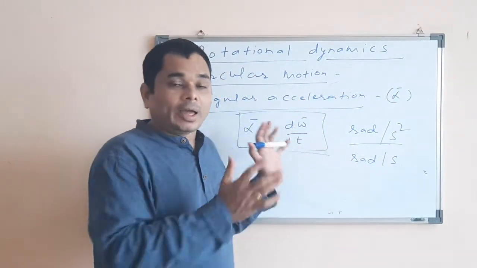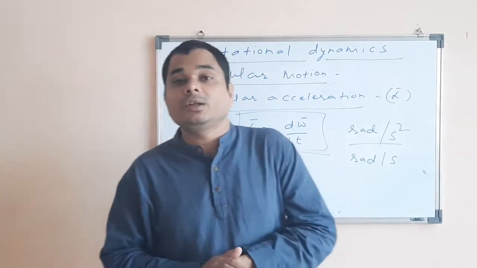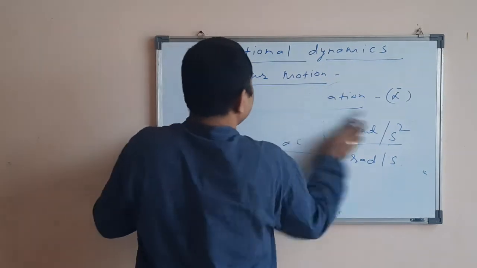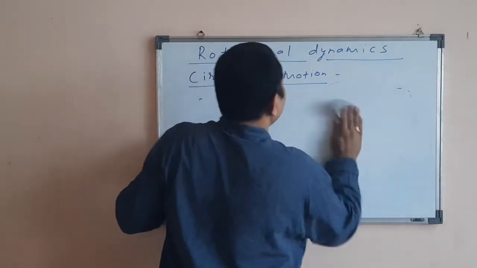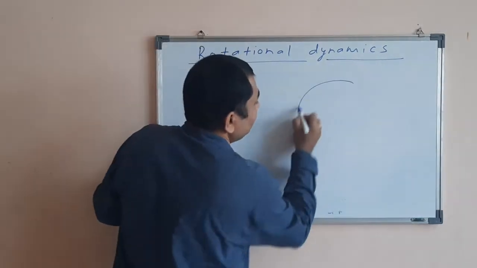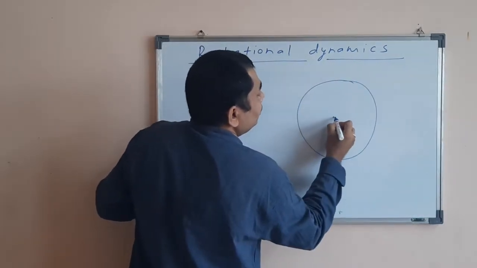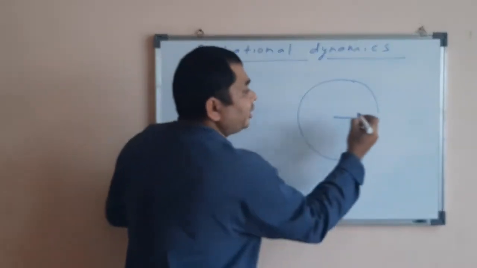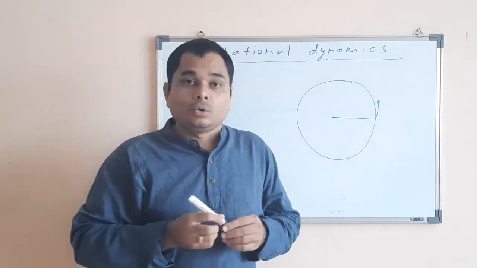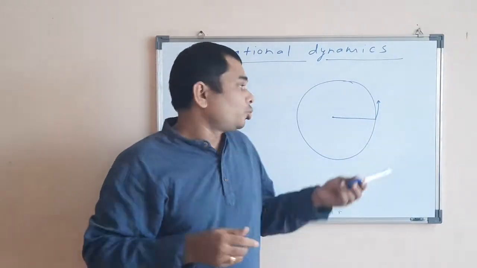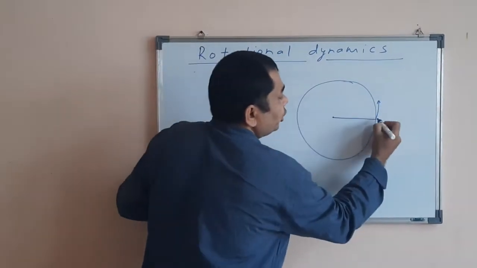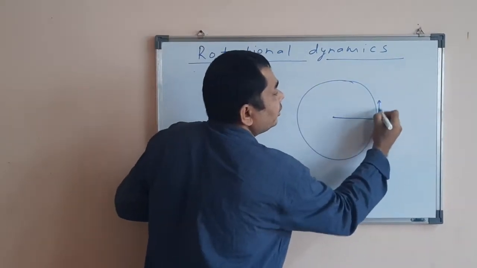So we have learned angular displacement, angular velocity and angular acceleration. See, now during circular motion, the linear velocity of the particle is always directed tangential to the direction in which it is moving. So the linear velocity of this particle at this point will be like this.